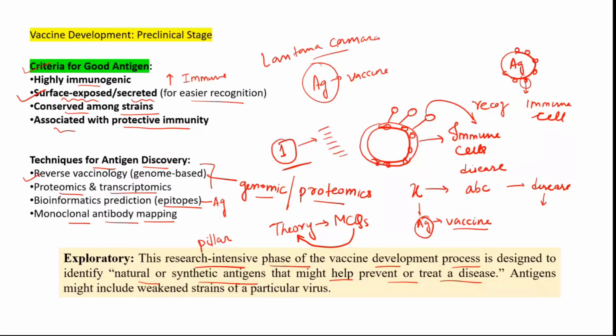We are using its flower and its leaf for designing some therapeutic option for breast cancer, triple negative breast cancer. So that thought has to come to your mind that this thing has potential, that it can be exploited as a potent and very efficient vaccine. So this is the exploratory phase.